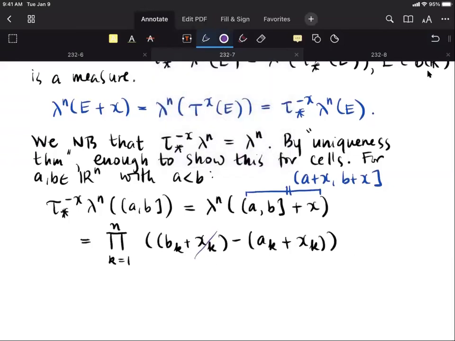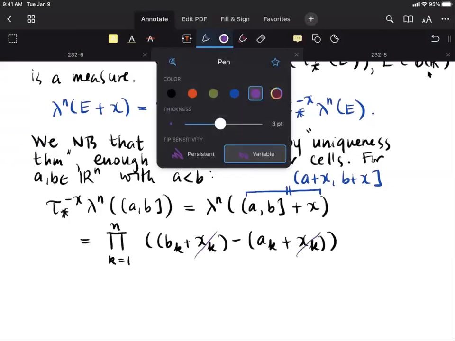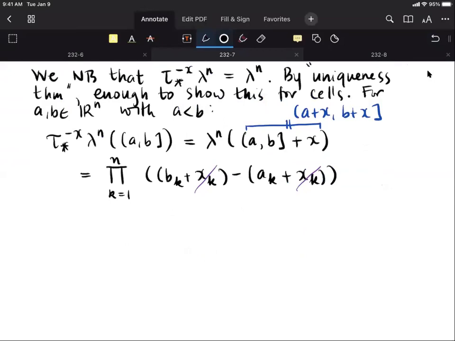And you can see that x sub k will cancel, and you end up with the product of the differences of the corresponding components of the vectors a and b. And of course, we know that this is the Lebesgue-Borel measure of this cell.